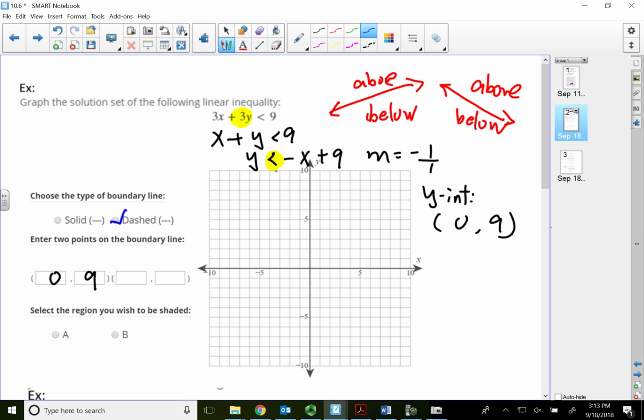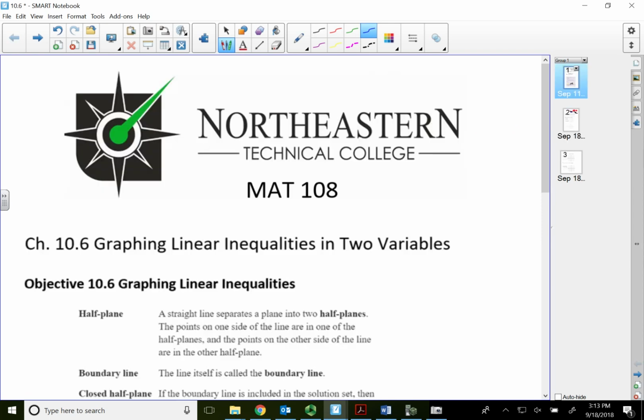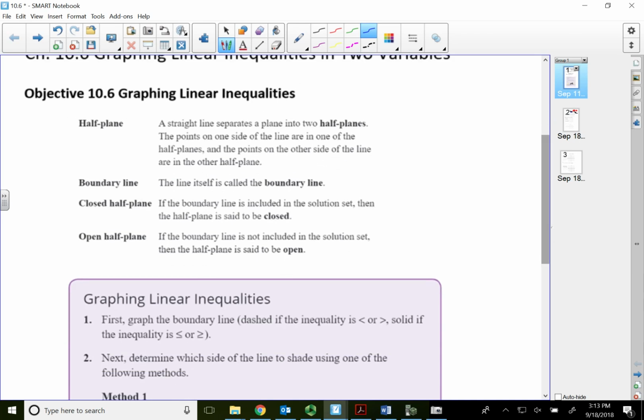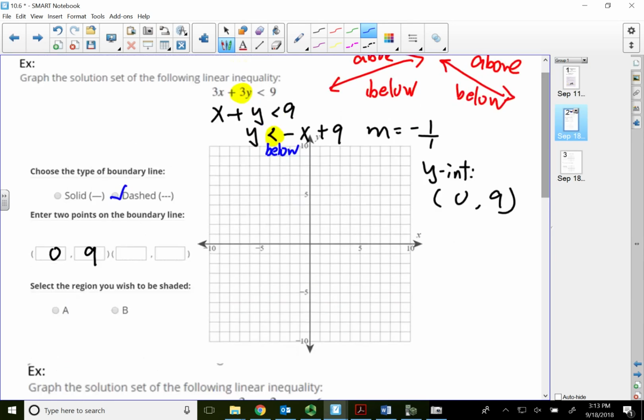Reading from y, this is also saying less than. Less than, we will shade below in a minute, because everything below this line is part of my solution set. They'll be included as part of my solution set.